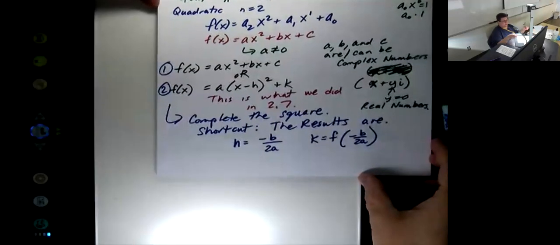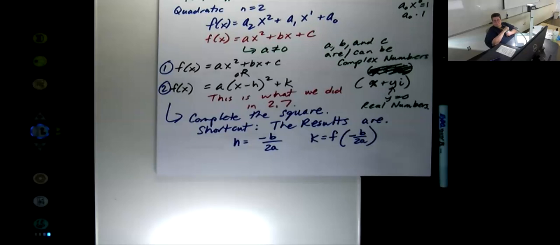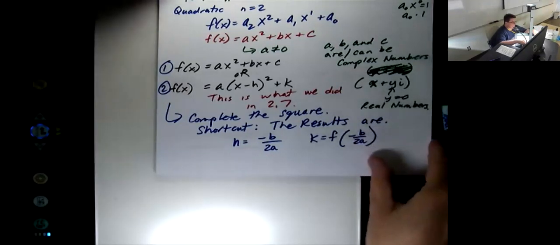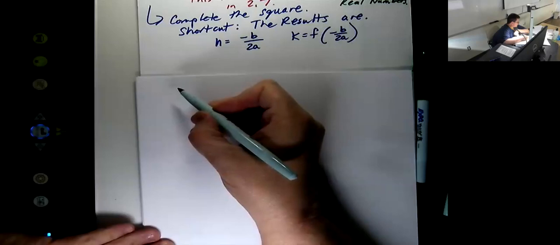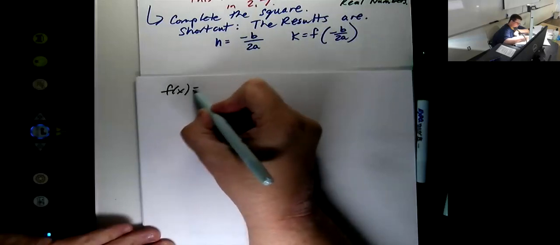Let's do an example. Let me give you a second to finish writing that. So let's take a look at f of x equals x squared plus 4x minus 4.